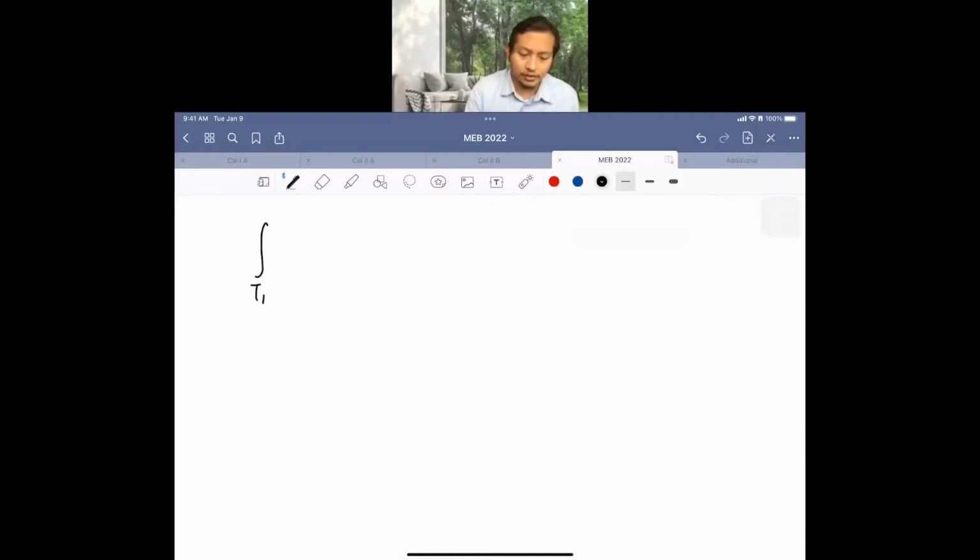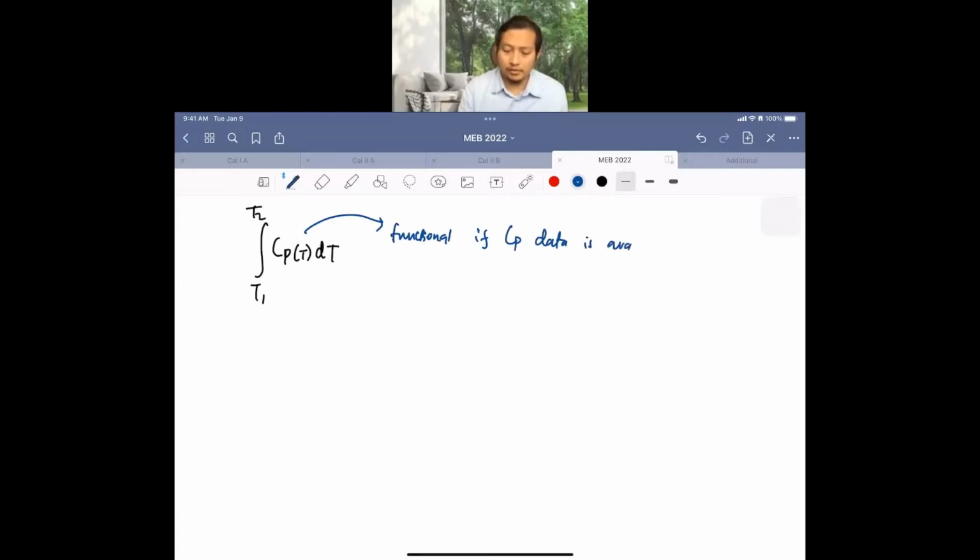If we have the Cp dT, this will be functional if Cp data is available, especially in table B2, and we could integrate easily.